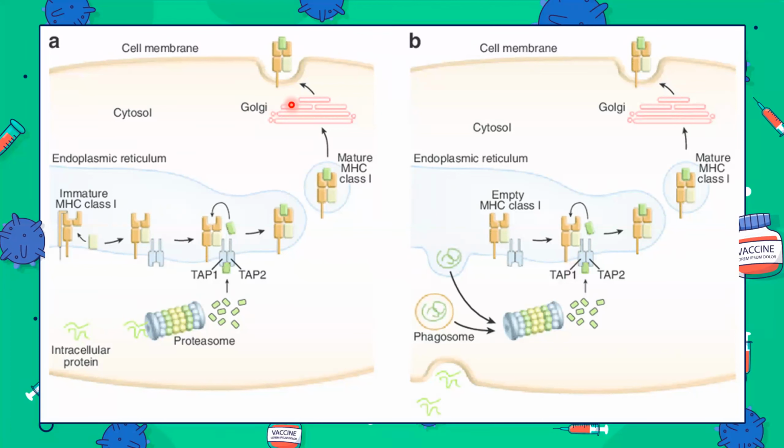Our MHC class 1 only passes through the membrane once. This is wrong, it should be twice. Our MHC class 2 passes through the membrane twice, and it has 2 alpha and 2 beta subunits here. This has an alpha and a beta, so this is more specific. Is that clear for everyone? All right.